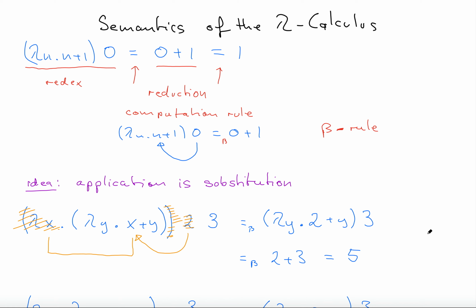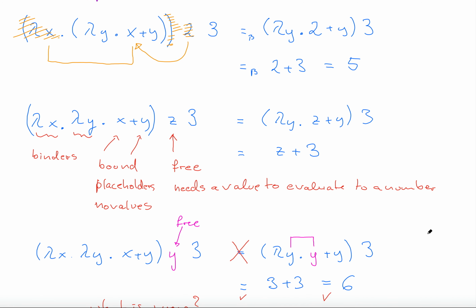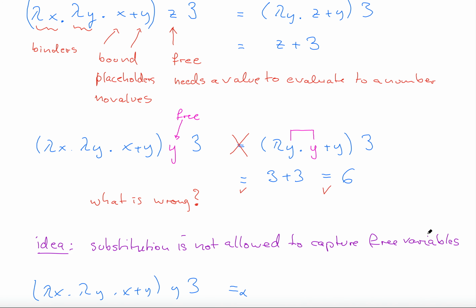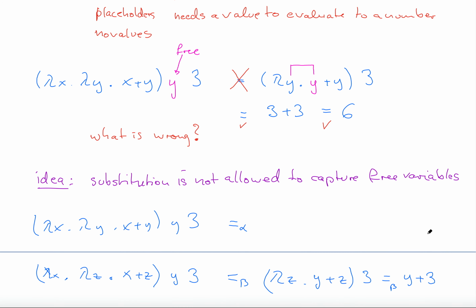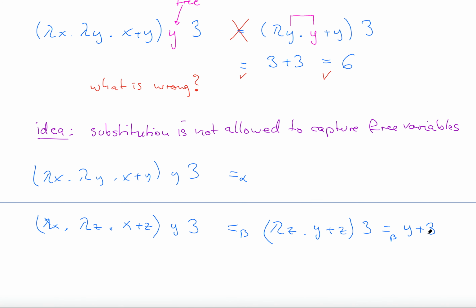So this is all we have in the so-called pure lambda calculus. And we will see later how we can use this to better understand the semantics of programming languages in general.